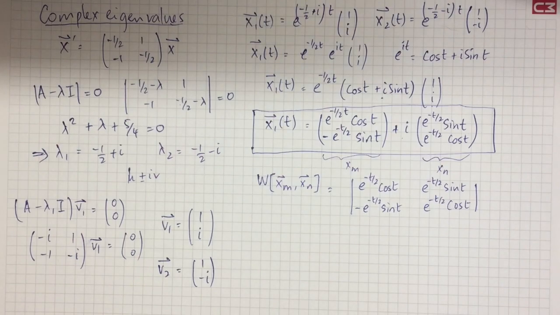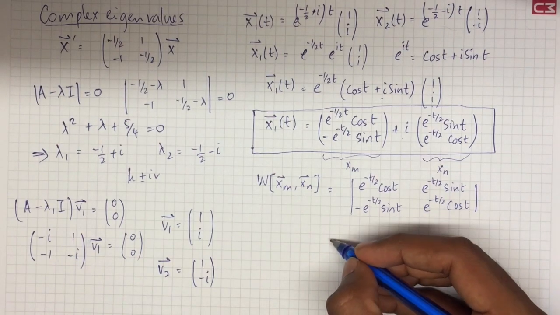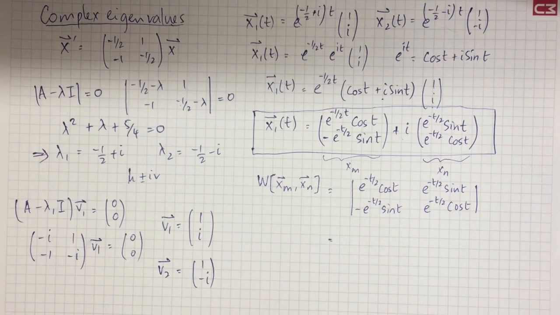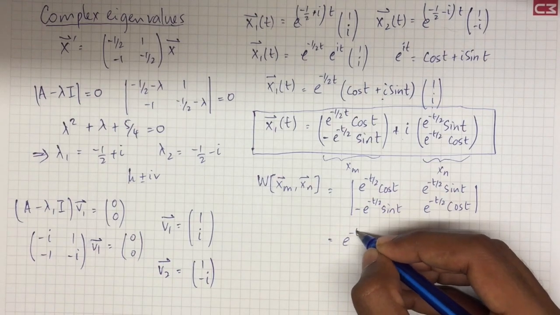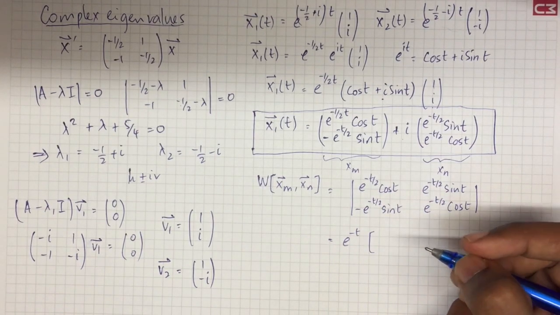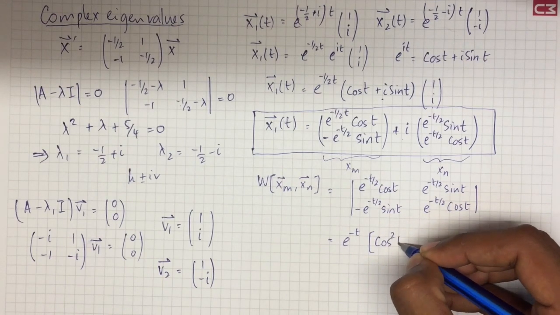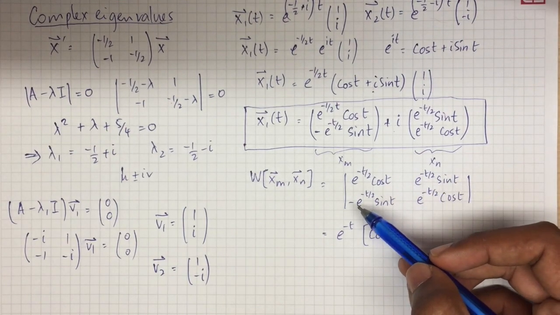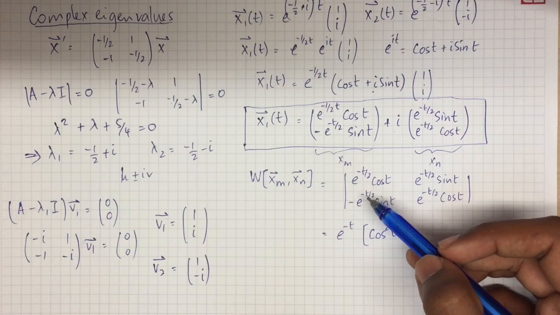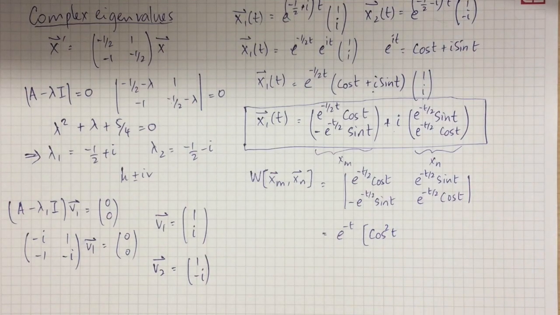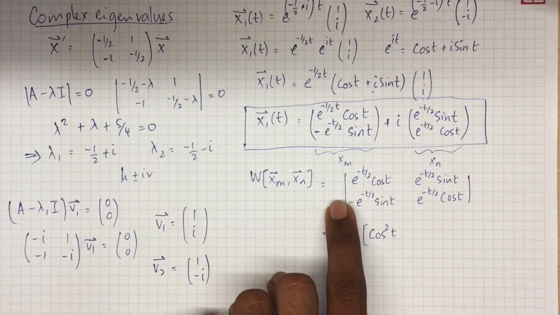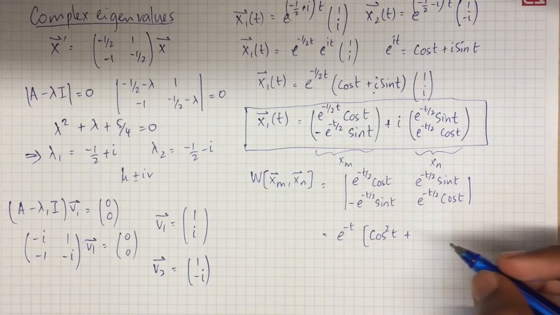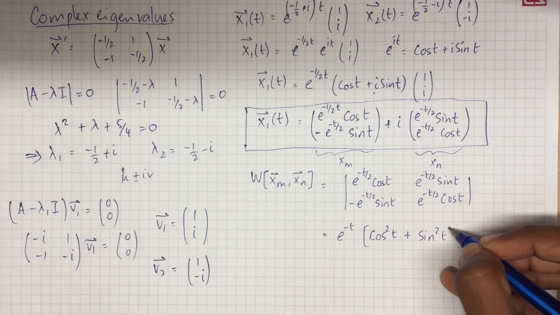I get this determinant. Let's see what the determinant comes out to be. If I'm multiplying the exponentials, it'll be e to the minus t over 2 squared, which we'll make e to the minus t, times cosine squared t. Then minus, when I do this, I again have e raised to the power minus t, and this negative would be absorbed by the negative in the determinant, so that'll give me plus sine t multiplied by sine t, making it sine squared t.